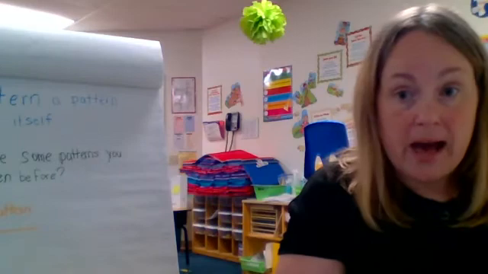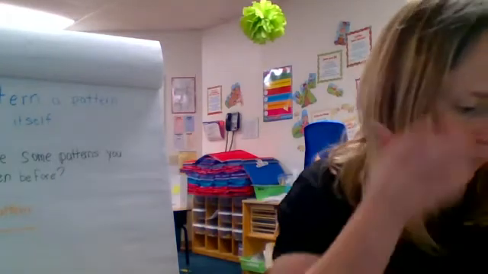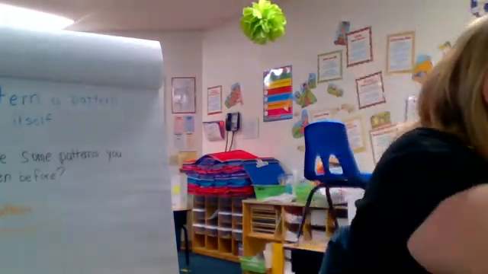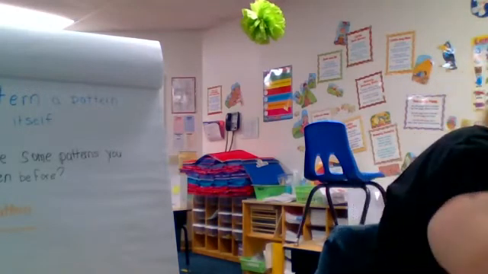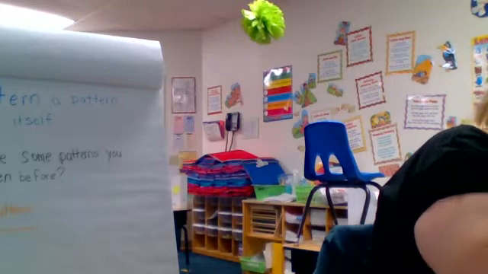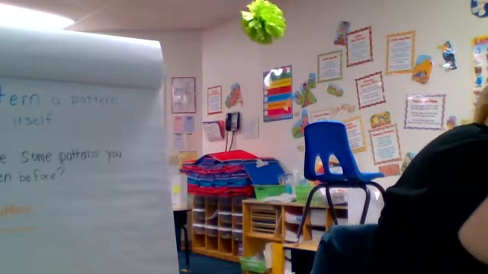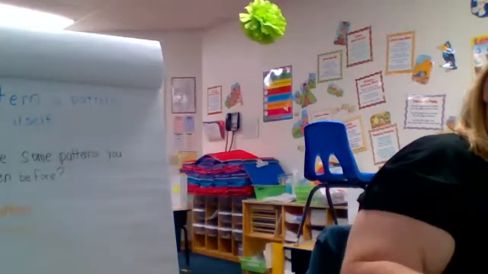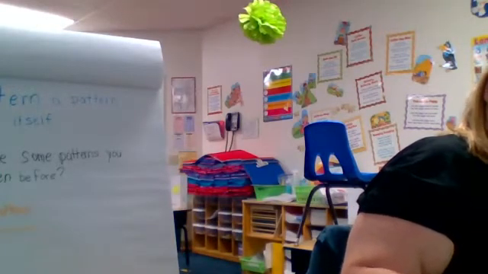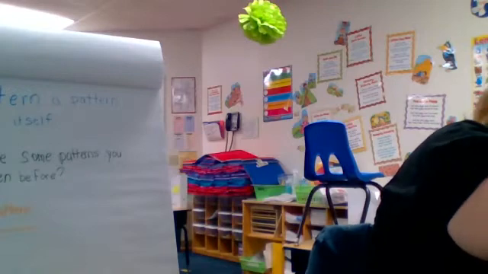So I'm going to do a pattern with triangles. And I want you to see if you can figure out what kind of pattern I am doing. Let's see, I need 1, 2, 3, 4, 5, 6. I need 6 triangles.